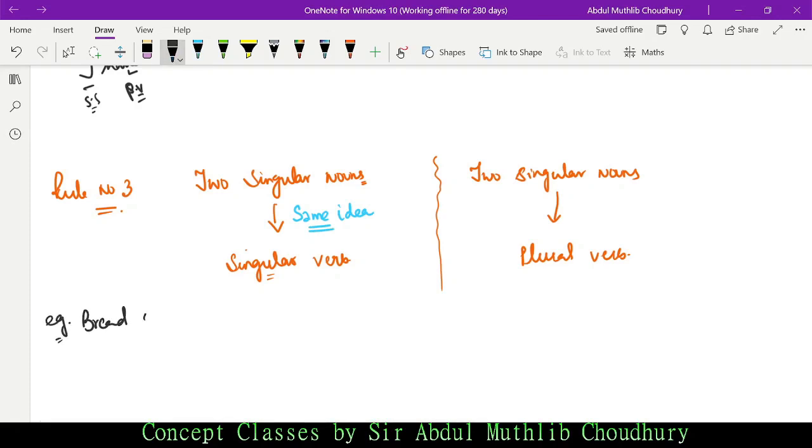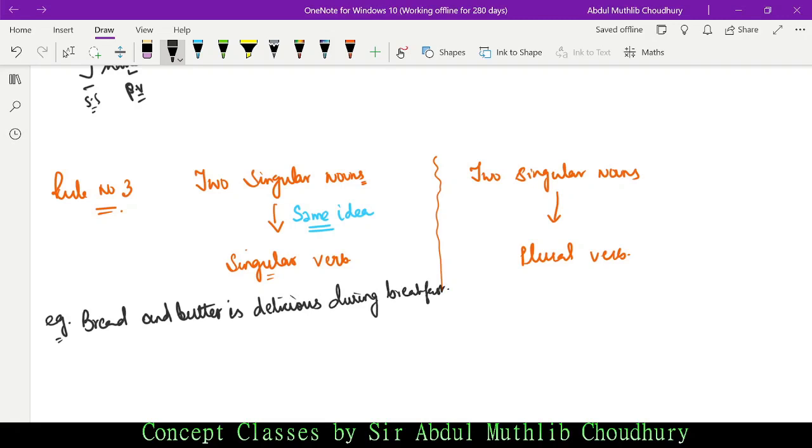Bread and butter is delicious during breakfast.